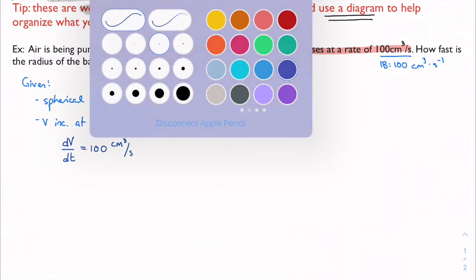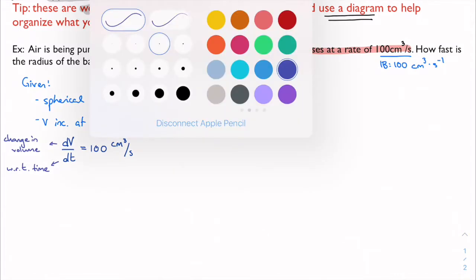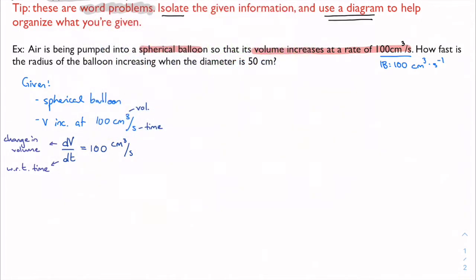And just to be abundantly clear, we can read this as a change in volume, and I'll use WRT for with respect to time. That's all that's saying. Of course, I'm given volume, right? I know volume. So how do we deal with this?